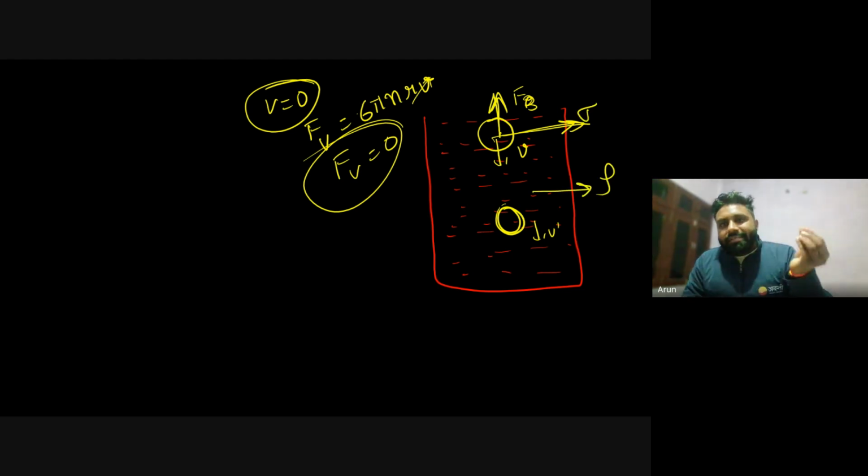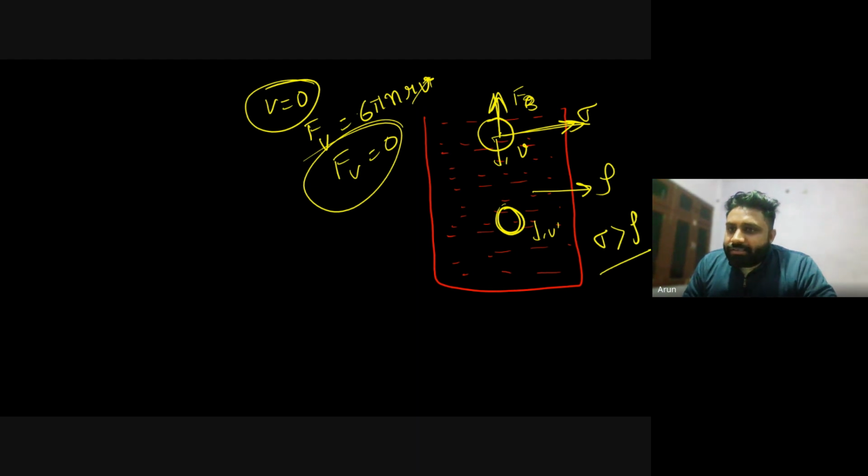Initially we assume that the density of the object we have dropped in the liquid is greater than the density of the liquid. So what will happen? The buoyant force is not sufficient to hold this. It will go lower and lower. As it is going down, because there is a net external force, the weight will act downward.